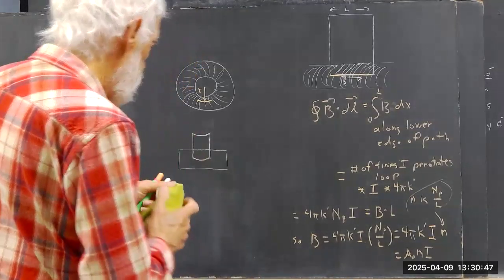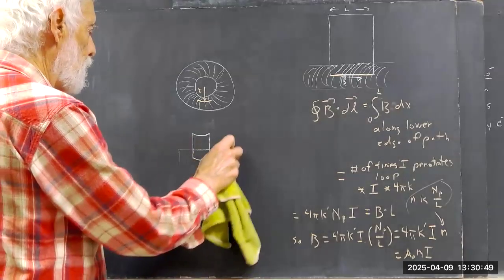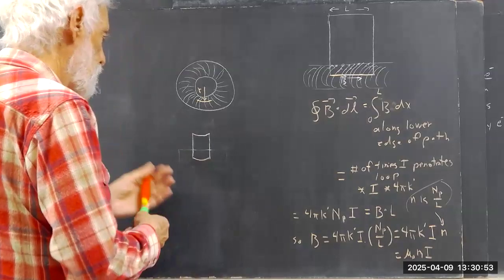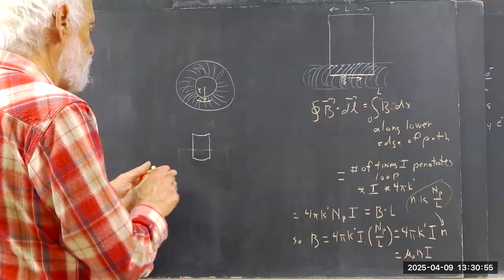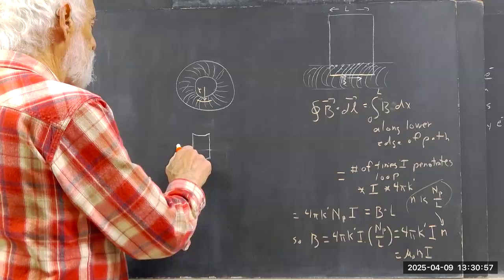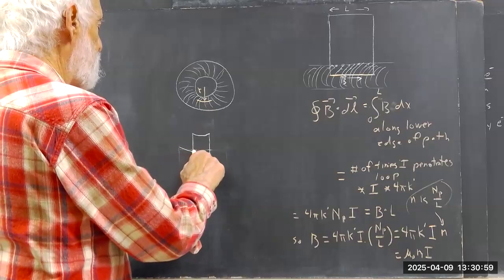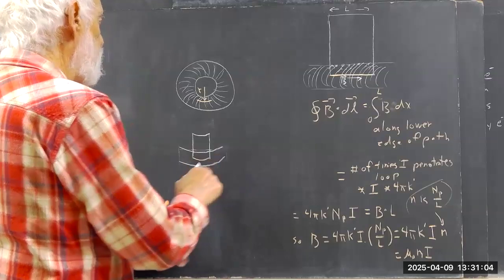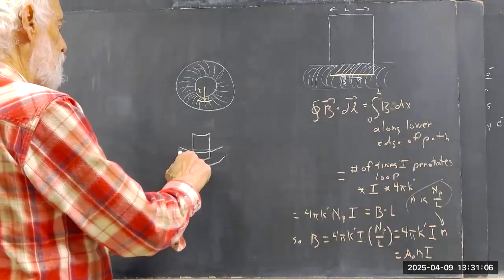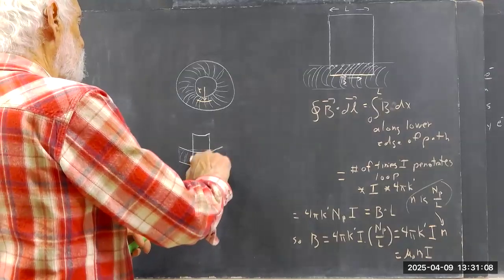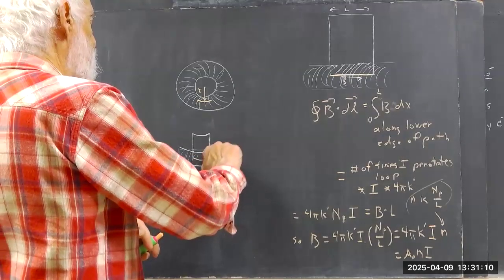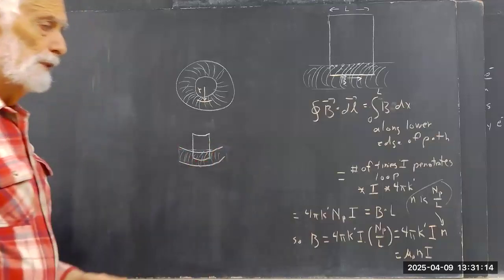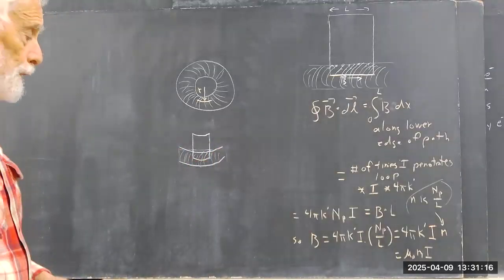Make this picture a little better without destroying the whole thing. So we're looking at a segment of the toroid, and this is down inside the toroid. And you've got your loops. That make any sense? I think that's a better picture.